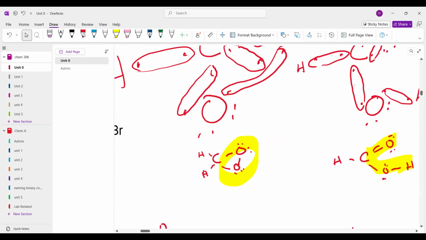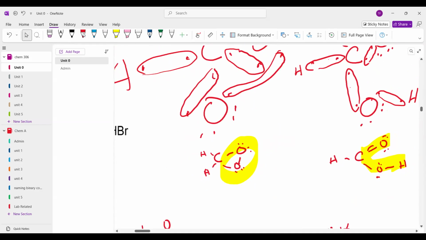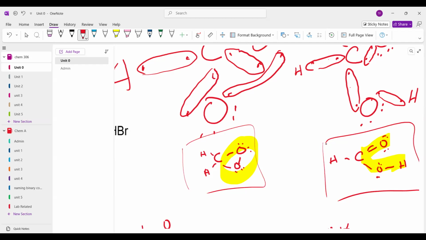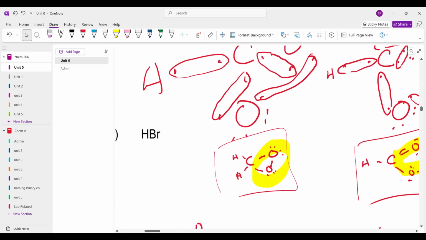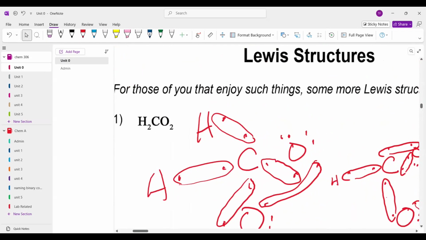So these are the 2 legal structures for that formula. And we would do tests. I would take this liquid and see if it acts like an acid. If it does act like an acid, then this would be the formula. If it didn't act like an acid, then this would be the formula. That'd be just a simple check with pH paper. Okay, now if you remember how to do these, great. You can whip through this dry lab really quick. If you need practice, there's a lot of practice here.